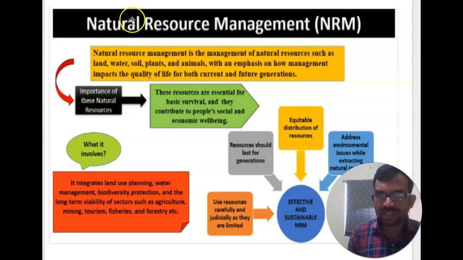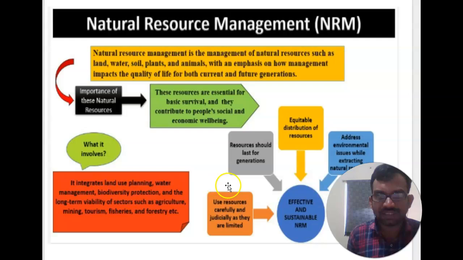Then you can see natural resource management. I am presenting it as a kind of flow chart. Natural resources mean land, water, soil, plants, animals. These emphasize how management impacts the quality of life for both current and future generations. This is the kind of topic we need to learn in natural resource management. The importance of natural resources: they are essential for basic survival and contribute to people's social and economic well-being.